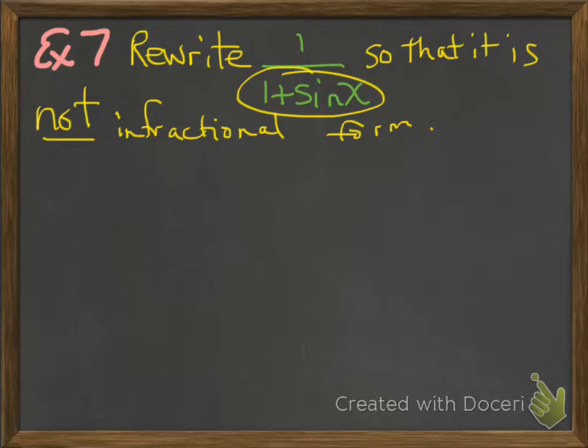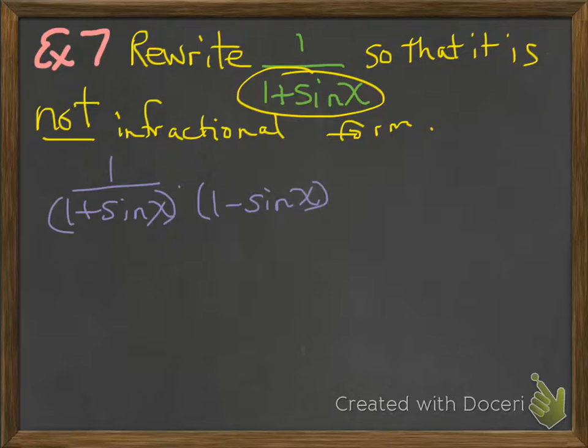in this problem. So I have 1 over 1 plus sine x. What I want to do is use the conjugate of the denominator. So I'm going to multiply by 1 minus sine x. There is a purpose. You will see what that is. Alright, now 1 times anything is still the same thing. So I have 1 minus sine x on the top.